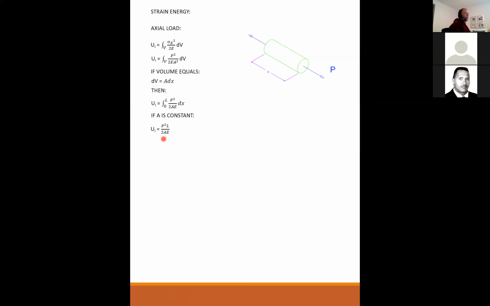You're probably thinking, at least I hope you're thinking, okay, if you say so, what's this good for? What am I going to use this for? Well, remember from your statics class that a truss is just a collection of axially loaded members that have pinned ends.